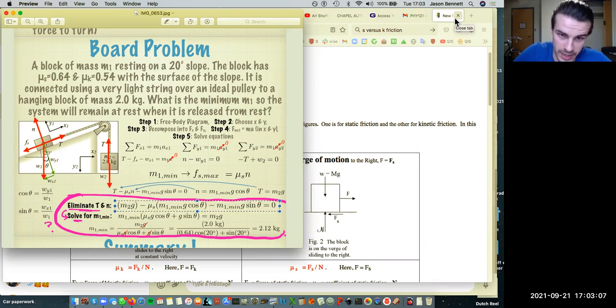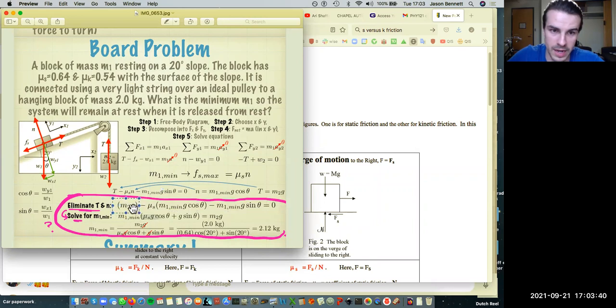First step is to get all the M1 min to one side. So I have minus, I'm going to take that M2G and put it over here on the right. So I have minus mu S, the static coefficient of friction, parenthesis M1 min G cos theta minus M1 min G sine theta equals, is that a minus?